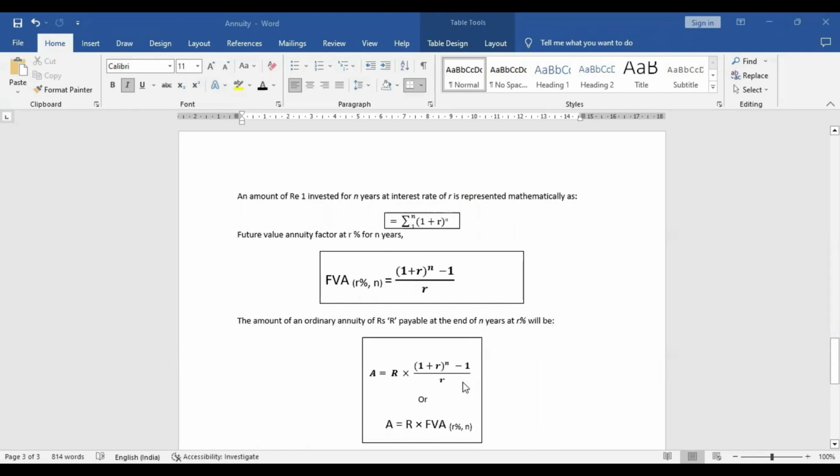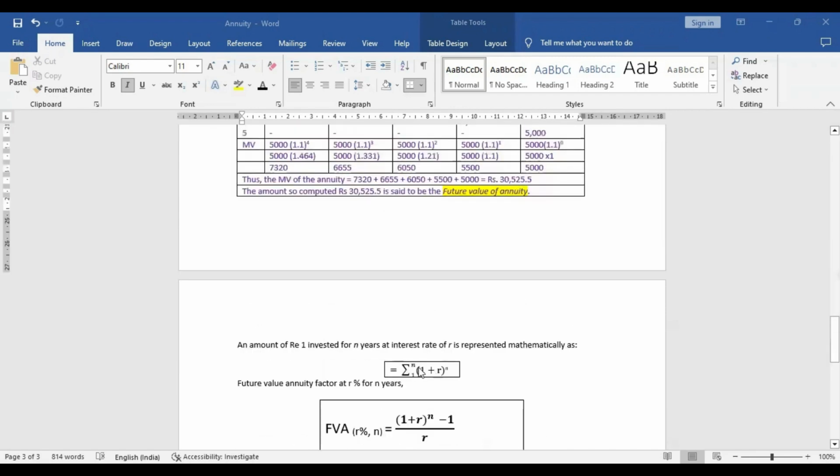For this purpose also, a table of annuity has been constructed, which is called the future value annuity table, where you can look up the value for 10% and 5 years. That value you multiply with 5,000, and you will get the same reply, that is 30,525 itself.